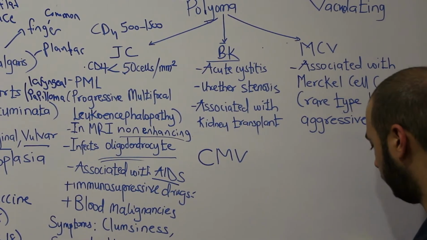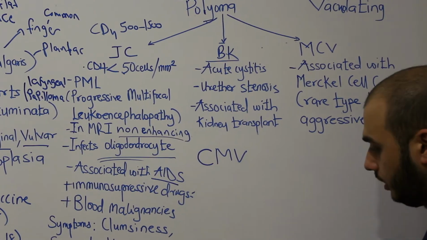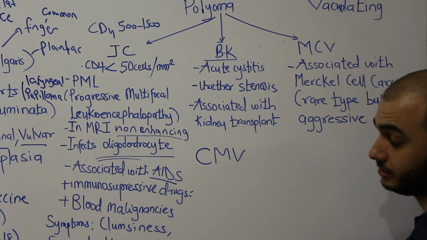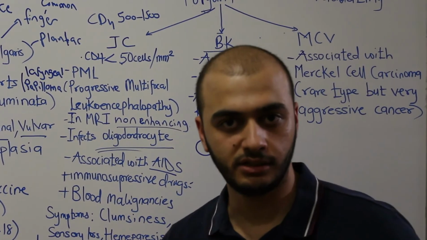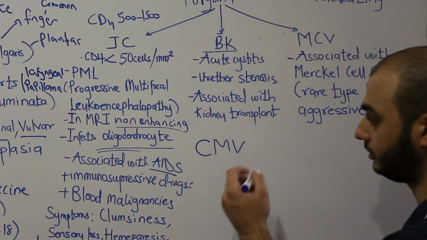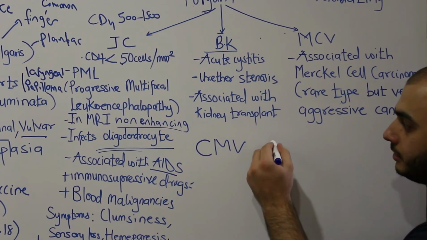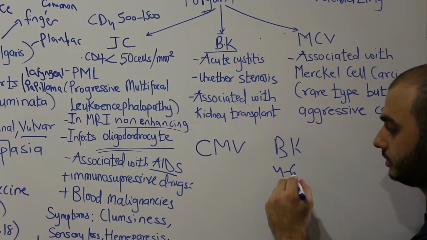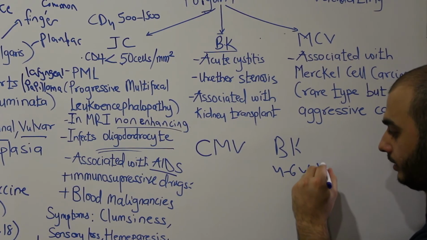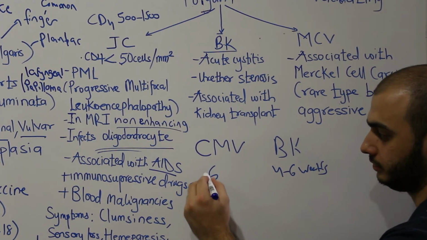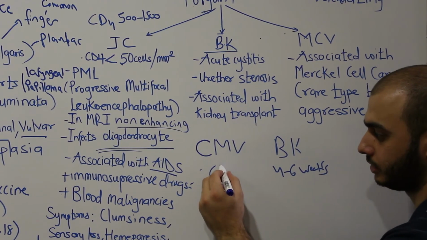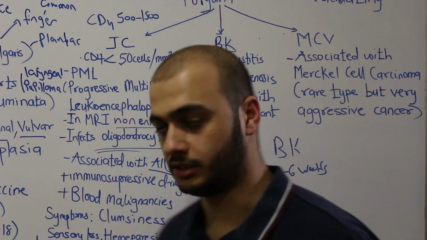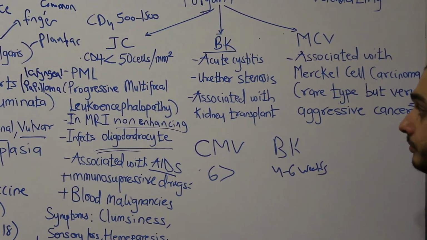So how can we know which virus is the cause of kidney rejection after transplantation, if it occurred? BK virus causes the rejection within 4 to 6 weeks, while cytomegalovirus causes it after more than 6 weeks. So this is the difference.